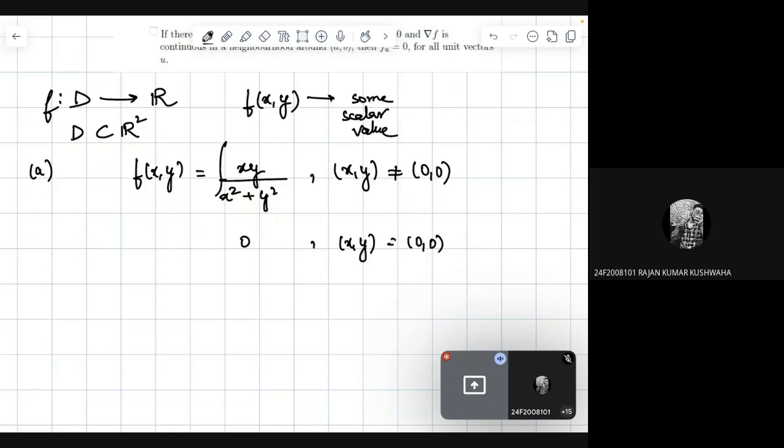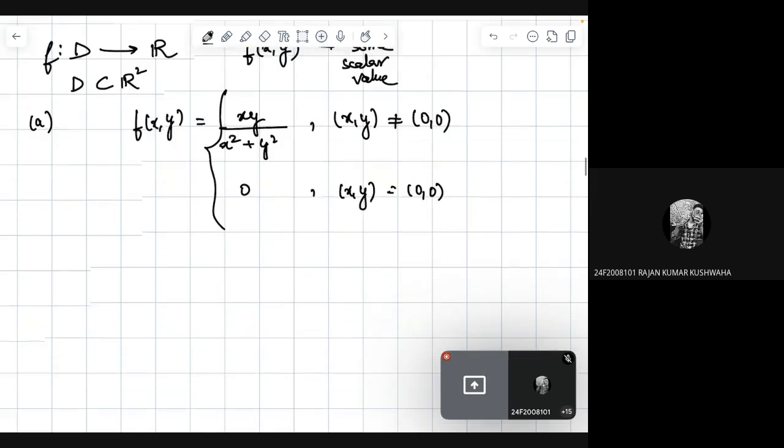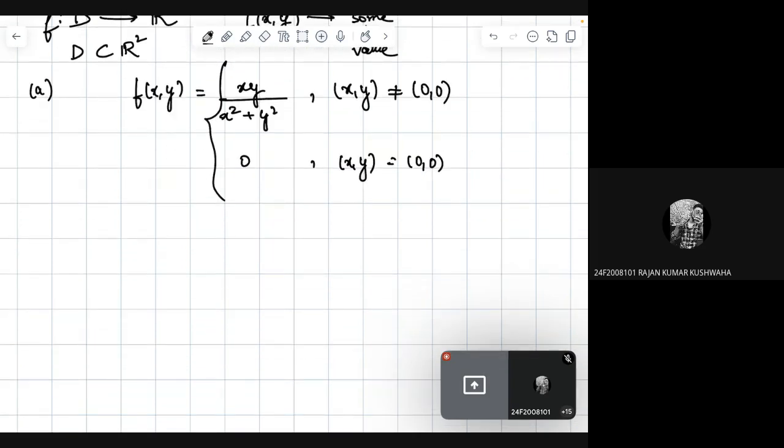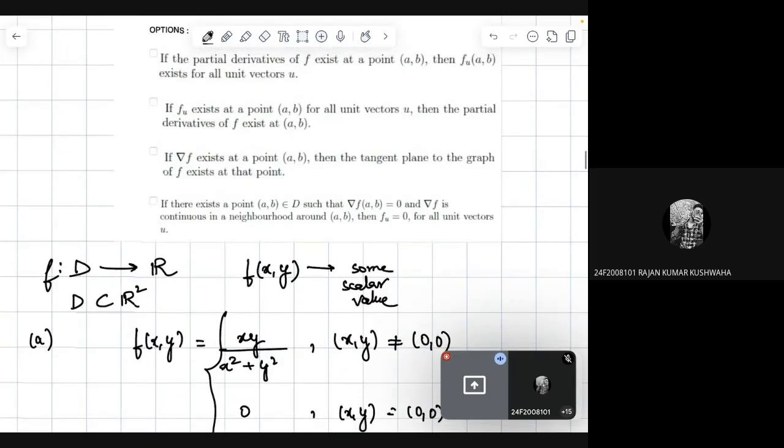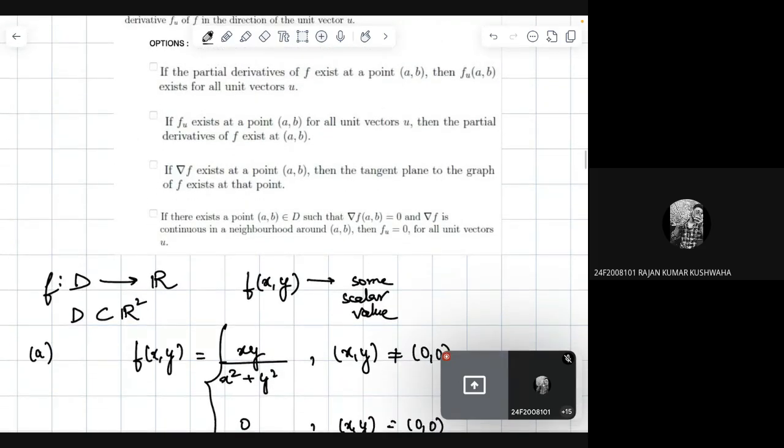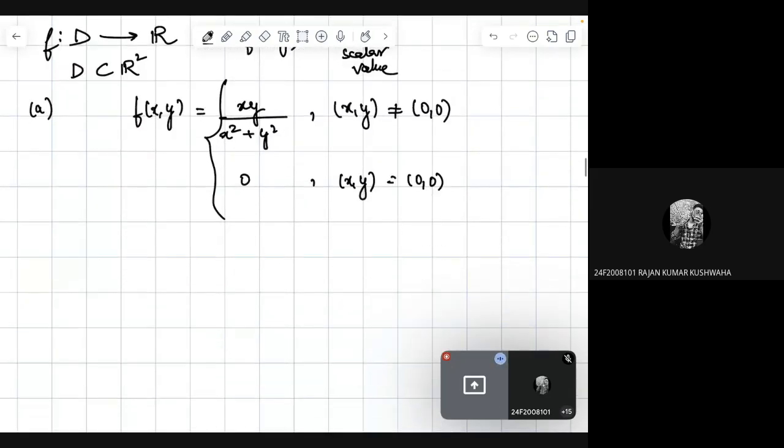Let's consider this particular function. We said that partial derivatives of f exist at point AB, so let's take the point AB as (0,0) in this case. This is not given, we are taking it in our example.